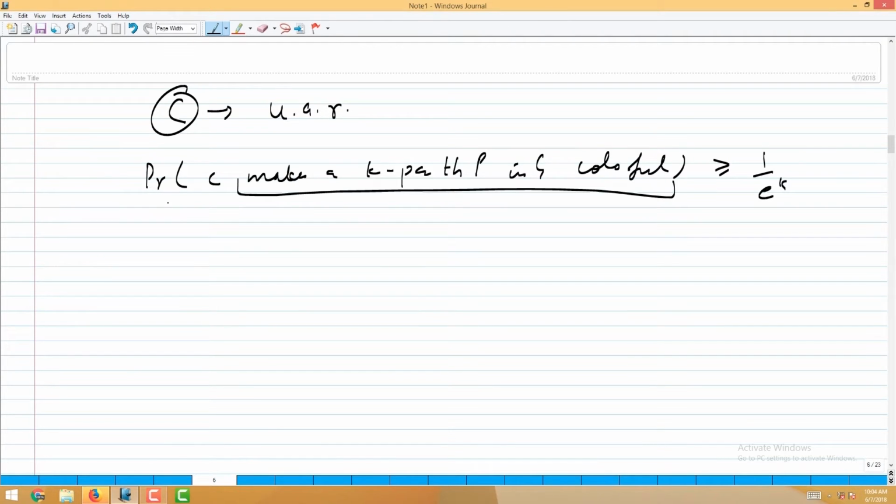This is the good event for us. So C is good with probability at least 1 by e power k, and C is bad with probability at most 1 minus 1 by e power k. What we want is an algorithm which is bad with only some constant probability. So we want to boost this probability up.